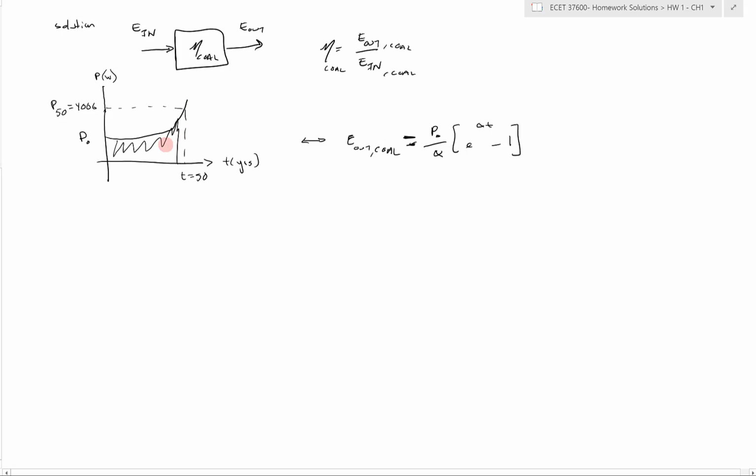If you understand this plot, you know that this plot comes from the formula P in the future equals the current demand, so the future demand is equal to the current demand times e to the alpha t. And so I can solve that for P0, right? P0 equals P over e to the alpha t.